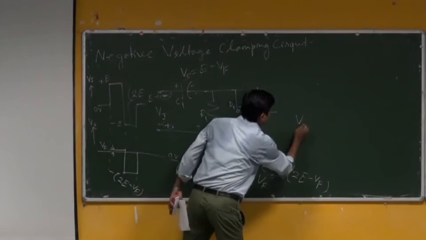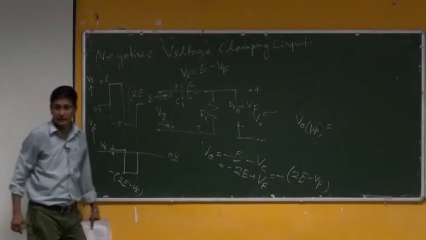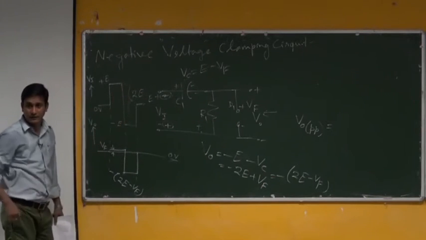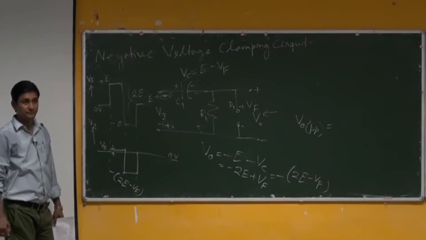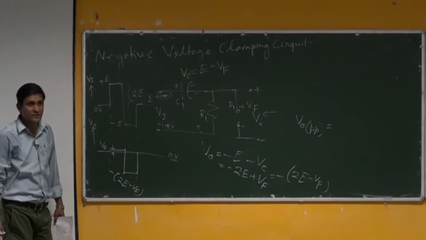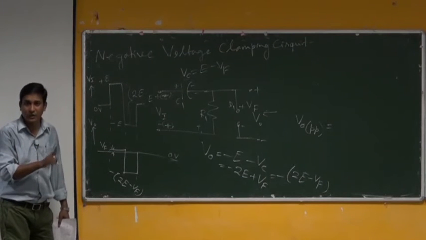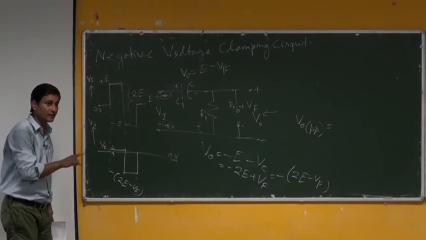Okay. But here I was seeing that the total was 2E, peak to peak. VO peak to peak: if I say earlier it was 2E, is it now 2E? It has to be, otherwise it is not a clamper circuit, because the definition I have given is like that: without disturbing anything, I have to make it done.